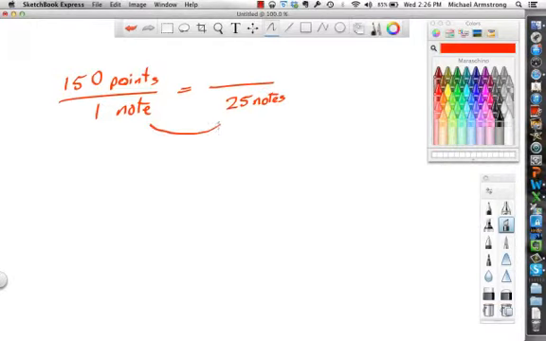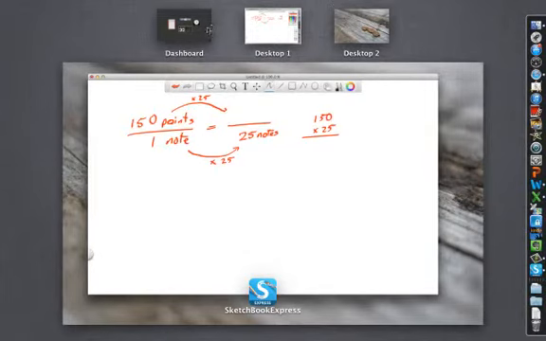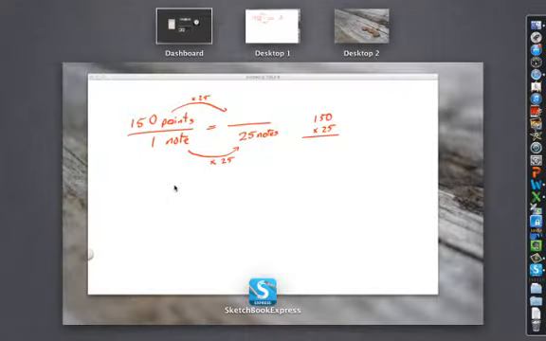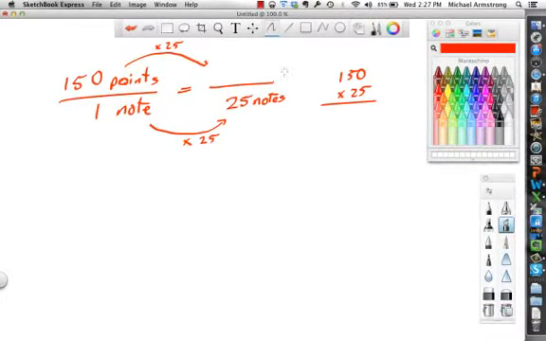And again, we're going to do the same thing, but instead of dividing, 1 goes into 25 25 times, so we're going to multiply by 25. And we're going to do the same thing up here. We're going to multiply by 25, and we're going to figure out what 150 times 25 is. All right, and again, I'm okay with you using a calculator for this type of a problem. 150 times 25 is 3,750.